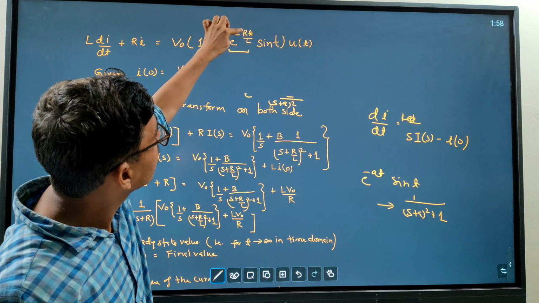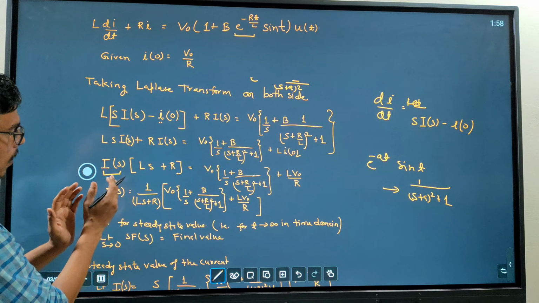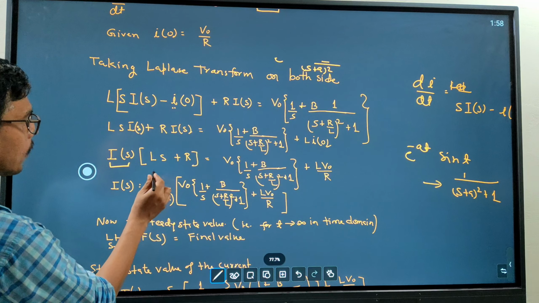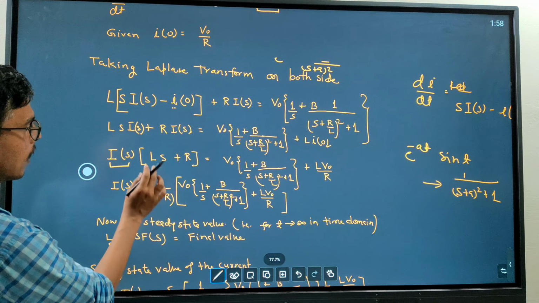Okay, L i0 I have moved to that side. Now just write the value of the initial current, V naught by R, already given. I have to find I(s). We have separated it, taking common, and this becomes the expression. I(s) becomes 1 by (Ls plus R) times this factor, and this entire expression.